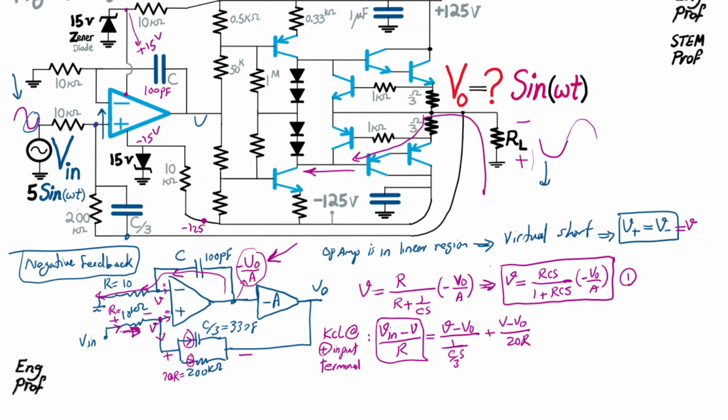Okay, so what do we get from this? We can multiply both sides by R, and then what we get is V in minus V is equal to R times CS divided by 3 times V minus V out, plus 1 over 20 times V minus V out.